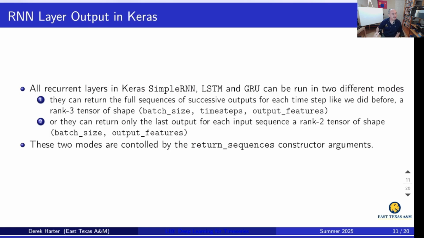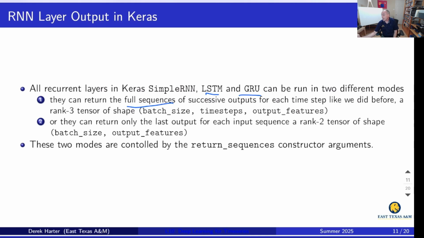So as we hinted at before, all recurrent layers in Keras, like the LSTM and the GRU that we talked about, can be run in two different modes. They can return the full sequence of successive outputs for each time step. That's what we did in our previous, more worked out pseudocode example. Usually this is going to be done in batches.